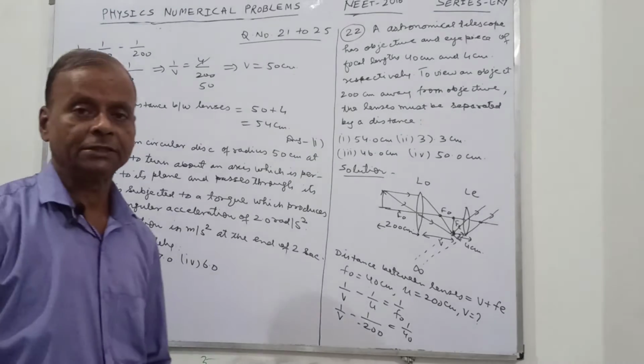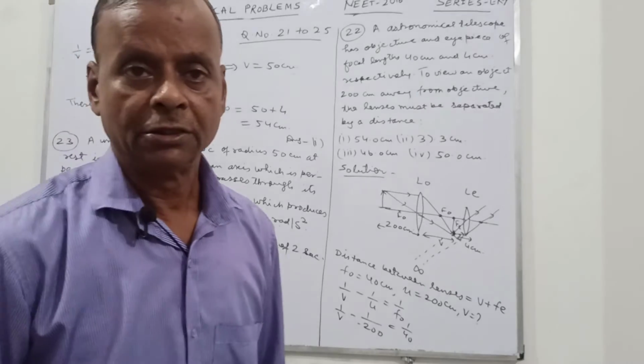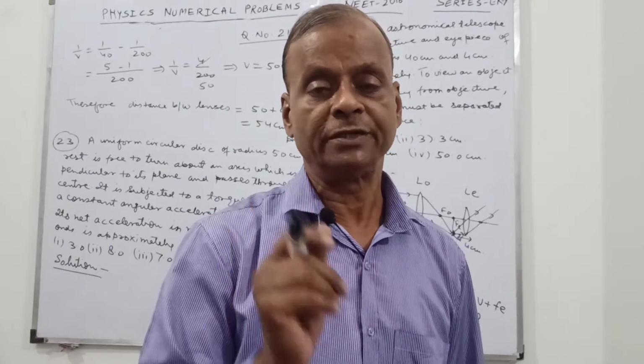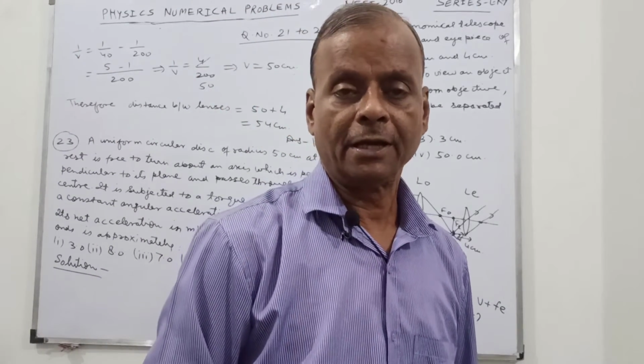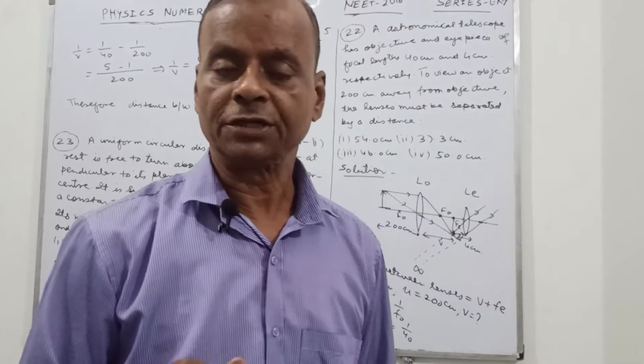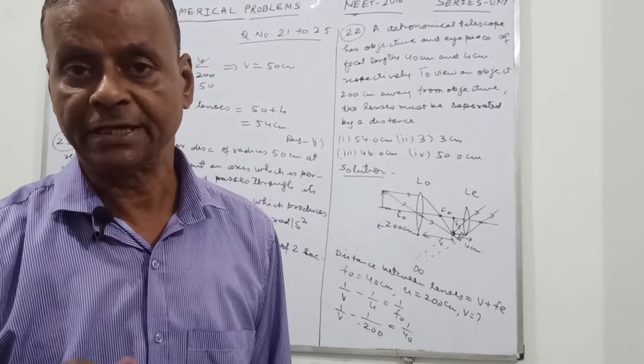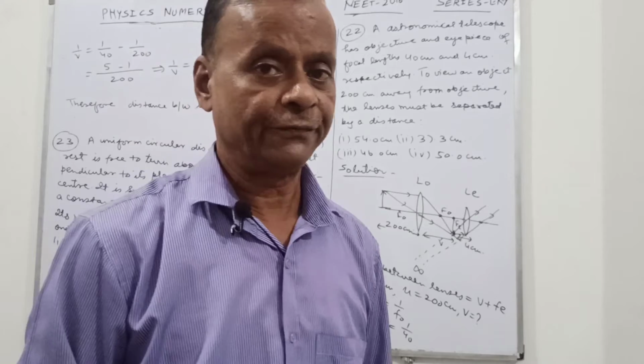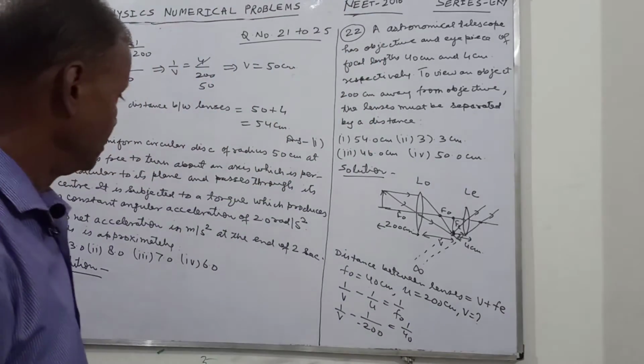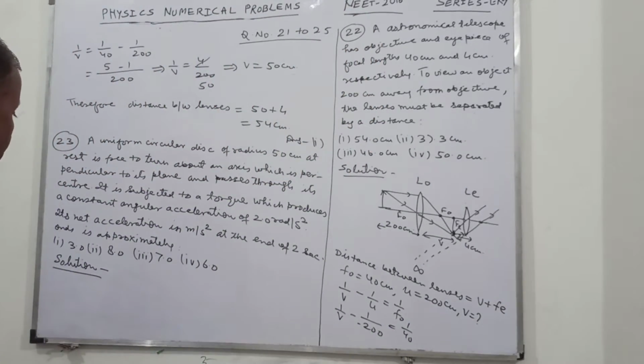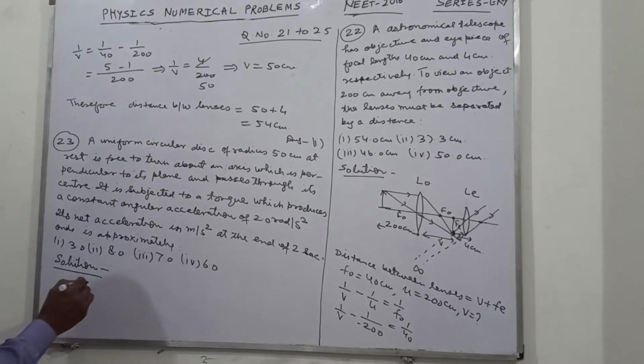This is given that a uniform disk rotates about its own geometrical axis, and when a torque is applied on it, it produces an angular acceleration of 2 radian per second square. The radius is also given here.